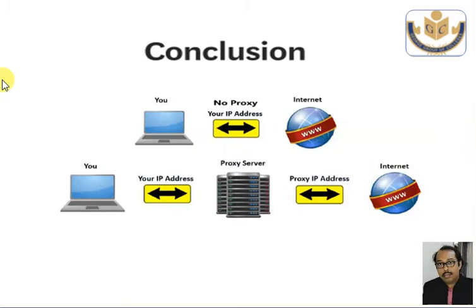So in summary, what is proxy? So this is the client, this is the internet. Between you and the internet there is a direct connection, because there is no concept of proxy. Now if you want to add a proxy in between you and the internet, what will happen? You send the IP address that is stored in the proxy server. Now the proxy server generates its own identity, a new IP address, and then tries to connect to the internet. Correct?